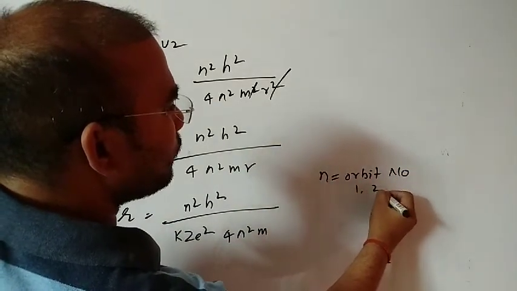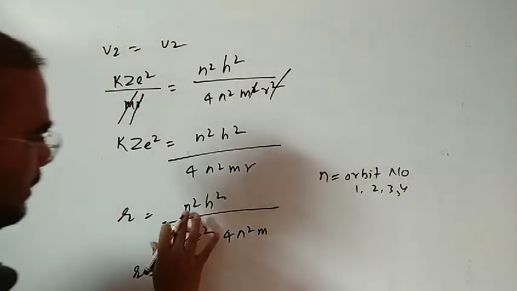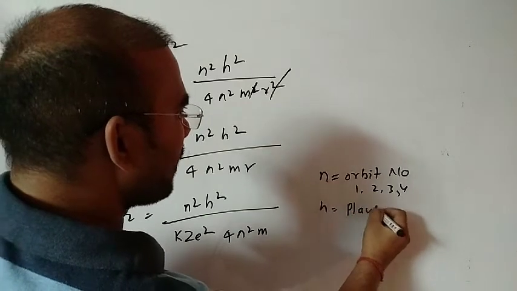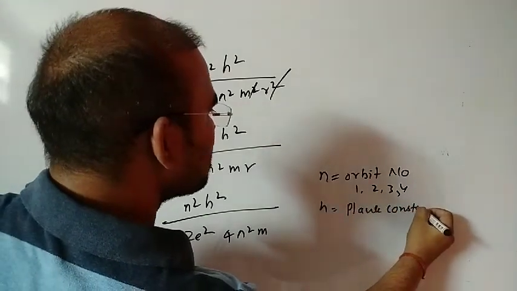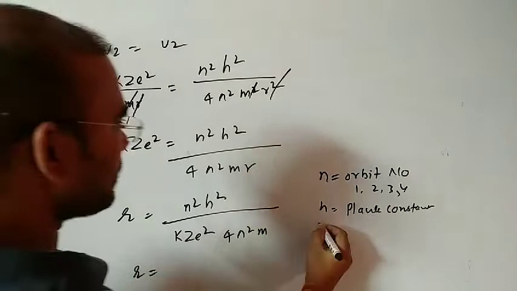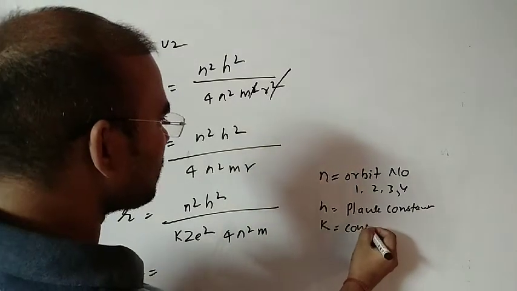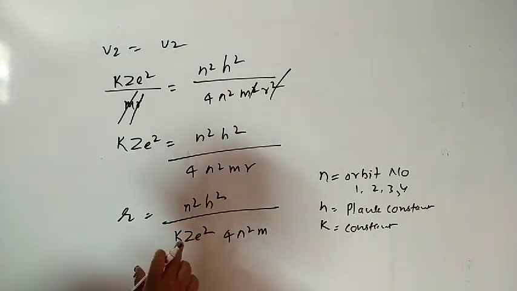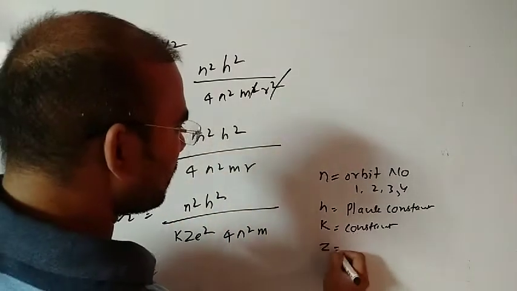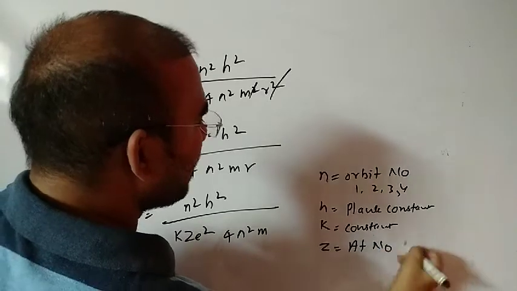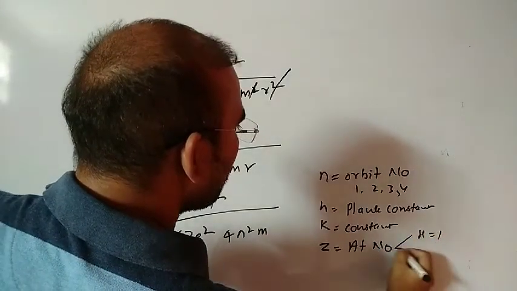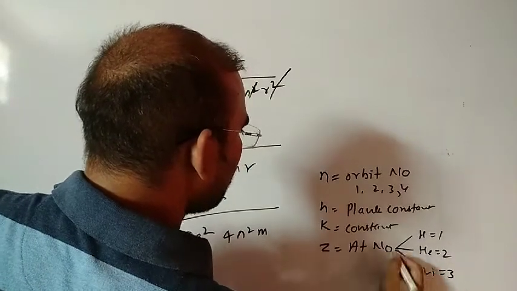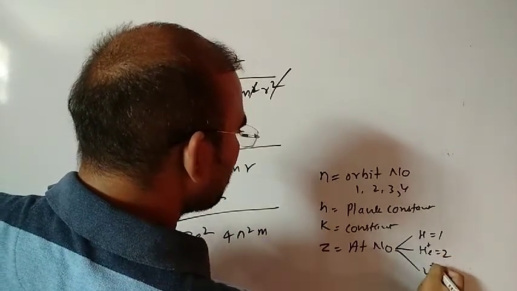It can be 1, 2, 3, 4, anything, so it is a variable. h is the Planck constant. k is also a constant, k is equal to 1 upon 4 pi epsilon naught. Z is the atomic number. For hydrogen it is 1, for helium we take 2, for lithium we take 3, and for helium plus we also take 2.